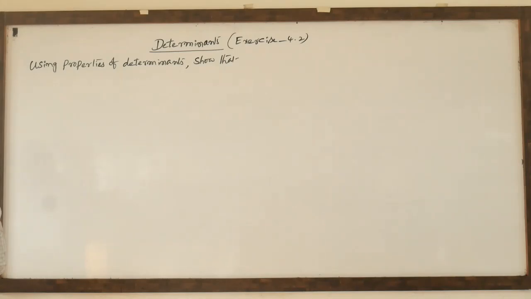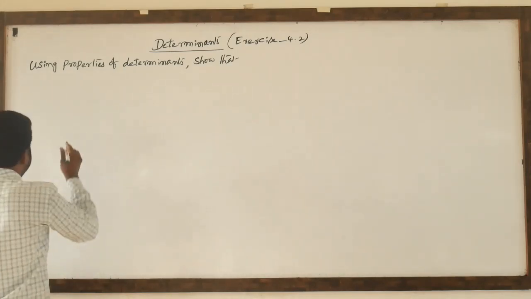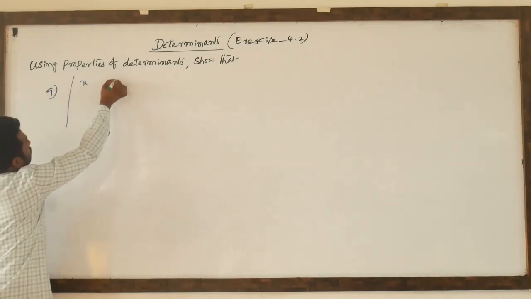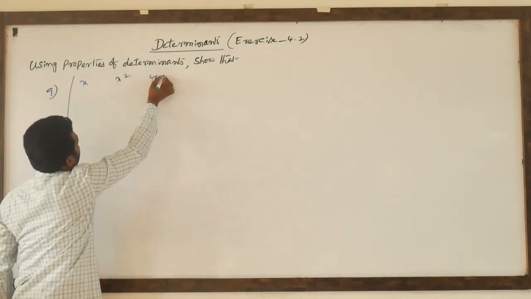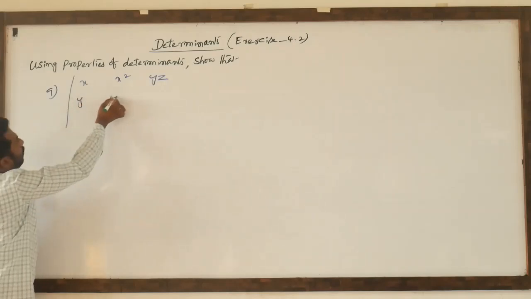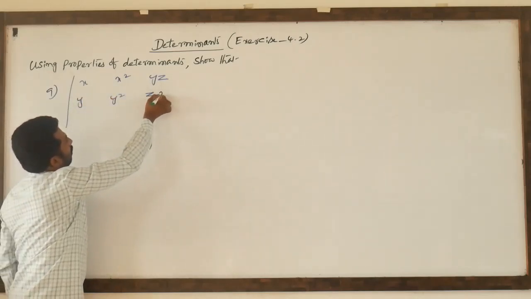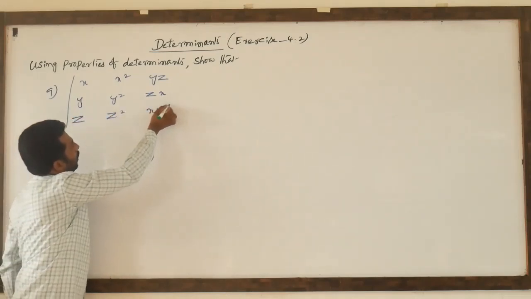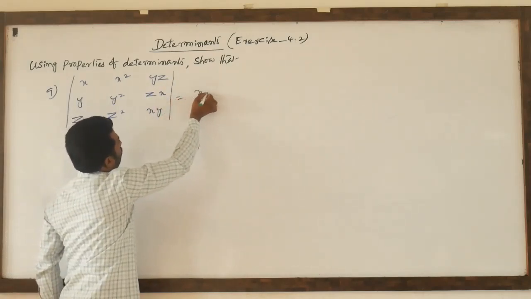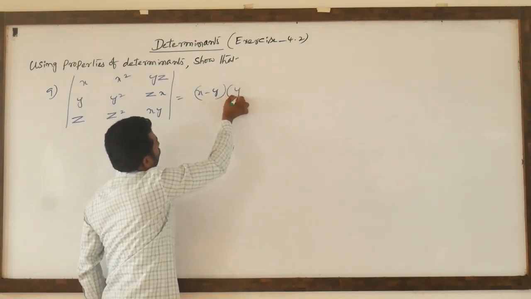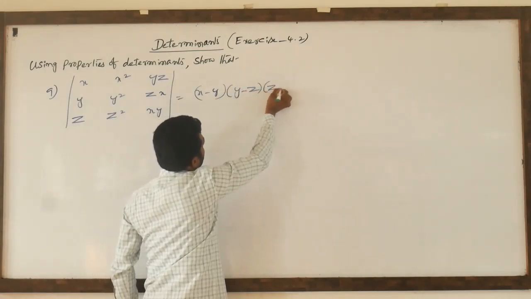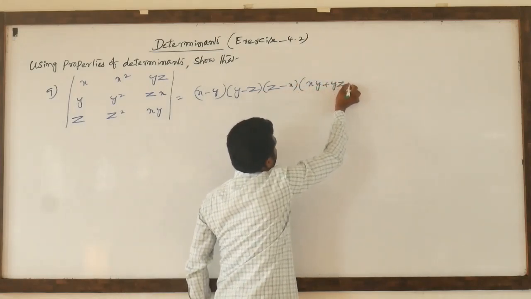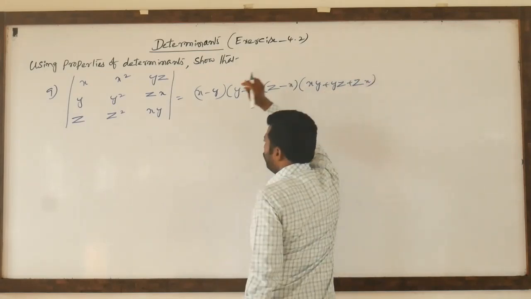See there, determinant of x square, y, z; y square, z, x; z square, x, y equal to, what we have to write, (x minus y) into (y minus z) into (z minus x) into (xy plus yz plus zx) we have to put.